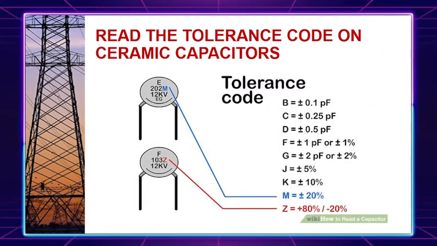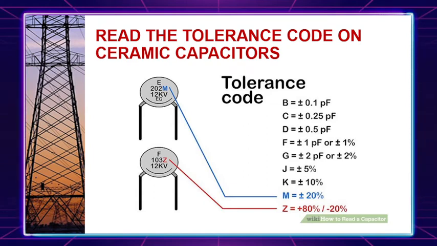So this is how you read the tolerance code on ceramic capacitors. As you can see, each letter has an equivalent tolerance code. So we have E202M, so M, and the other one is Z. If you've seen a ceramic capacitor with a letter after the numbers, then we're talking about the tolerance code.